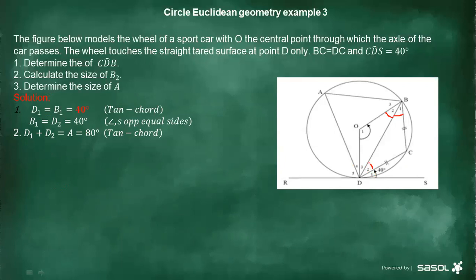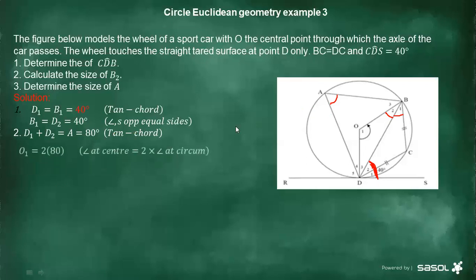This angle here, which is angle D1 plus angle D2, is equal to angle A. What is the reason? It's tan chord as well. Meaning angle A is also 80 degrees.